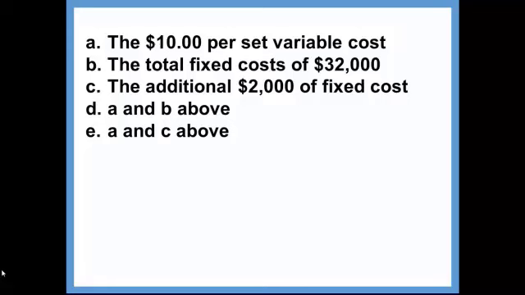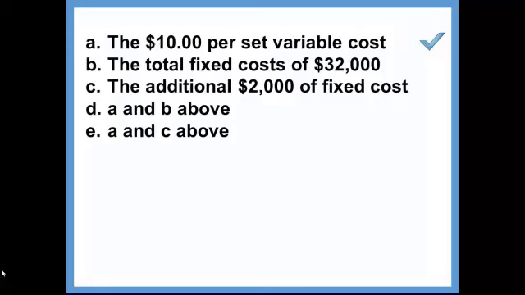So the choices are the $10 per set variable cost, the total fixed cost of $32,000, the additional $2,000 of fixed cost, or A and B or A and C. So let's go through A, B, and C. If you accept the order, you will incur materials, labor, variable overhead, and selling costs to produce and sell the extra units.